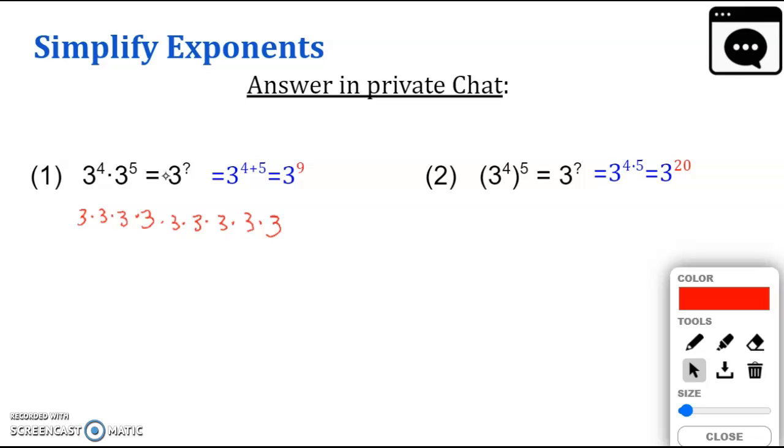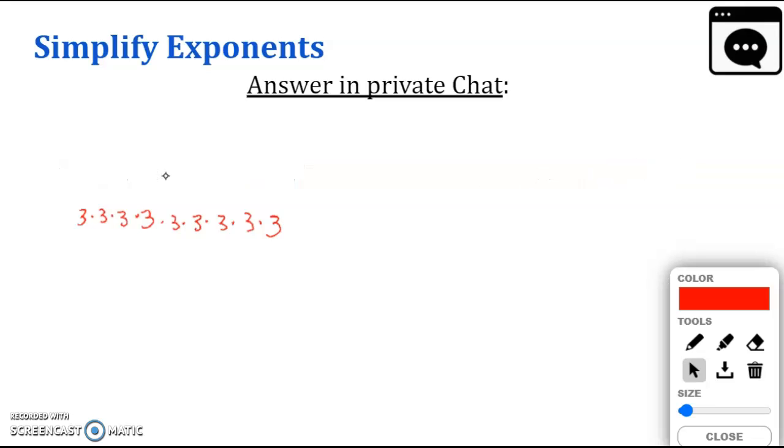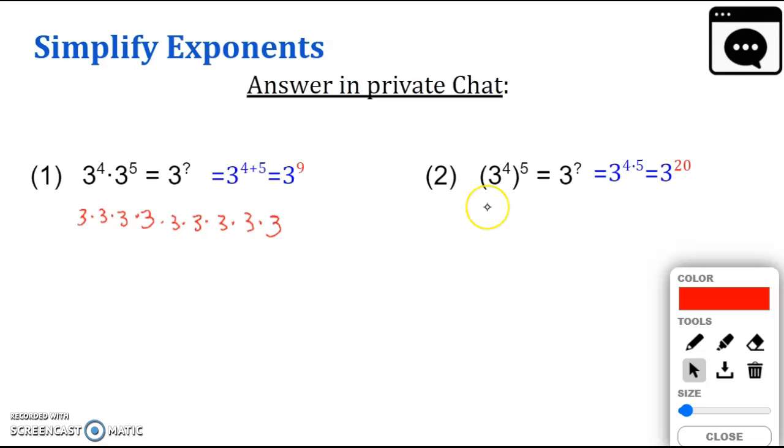Why does this work? Because when something is being raised to the power of 5, whatever is in the parentheses is being multiplied by itself 5 times. So this is the same as 3 to the power of 4, which is what's inside the parentheses, multiplied by itself 5 times.